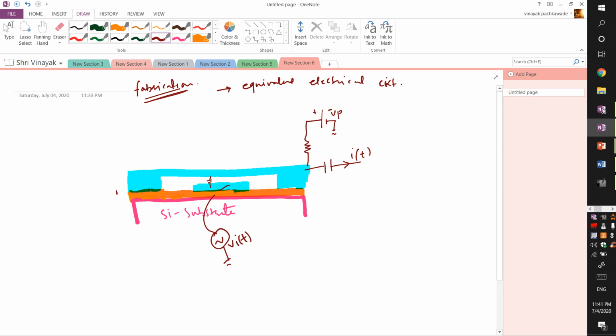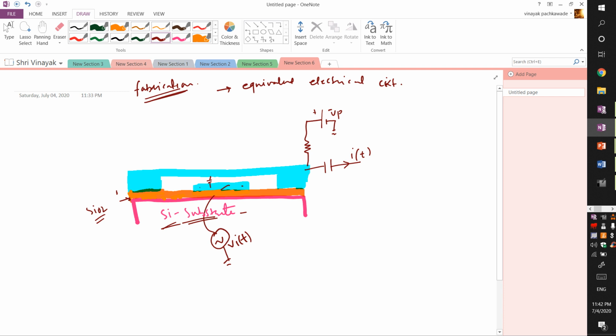We start with a silicon substrate, which is a p-type or n-type substrate, indicated by this pink color, and then this is an oxide, the orange one. This is usually SiO2, silicon dioxide, deposited over here. Then there is a photolithography process by which the mask is patterned, then an etching, and then again a deposition of this metal layer.